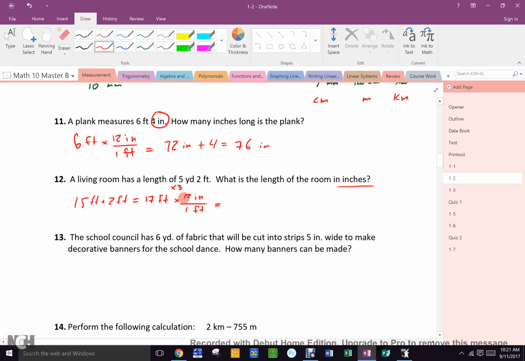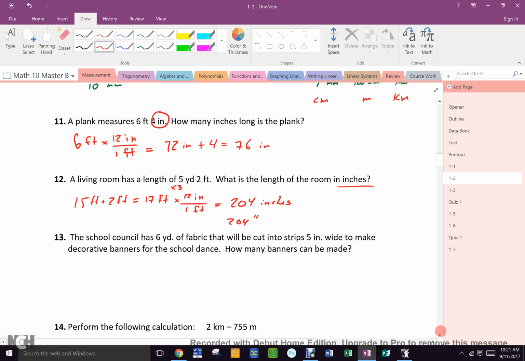Number 1's on the bottom, so it's times 12. 204 inches. And the other way you might see that written is, of course, 204 with quotation marks as opposed to an apostrophe. Everybody cool?